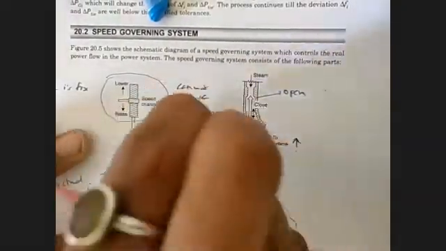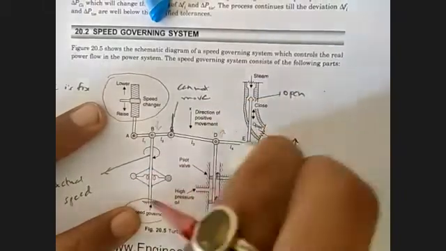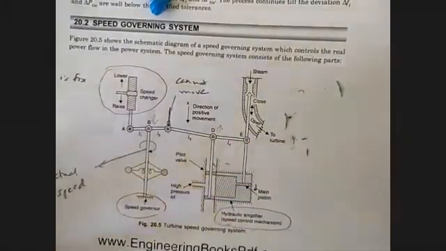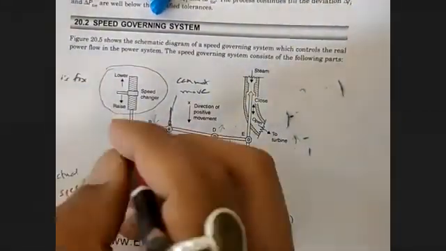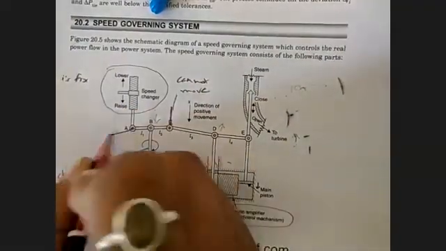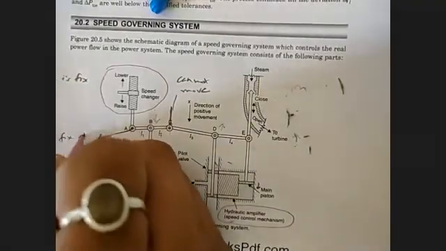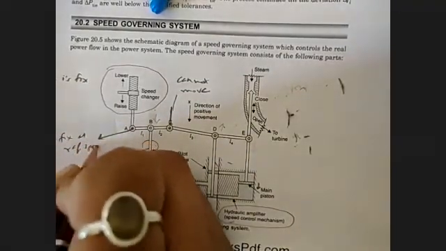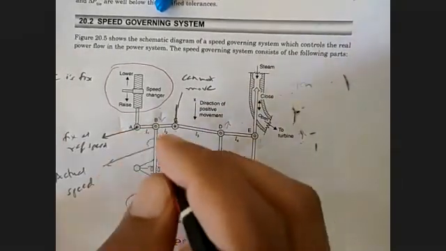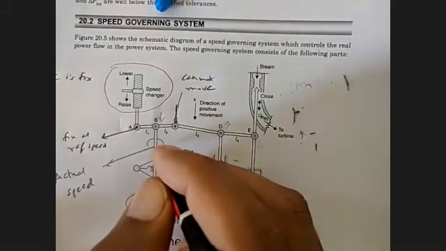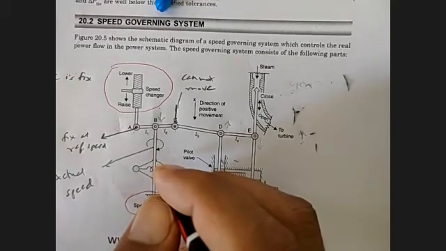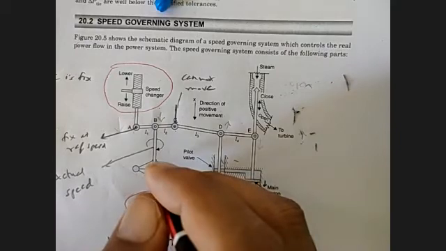Now consider that this A point has been fixed for a particular reference speed. So it is fixed at reference speed. Now we have sensed that the speed of the generator, that means frequency of the system, has reduced.